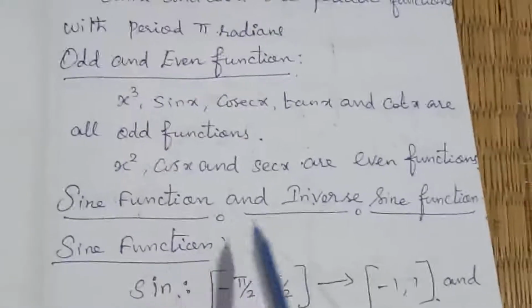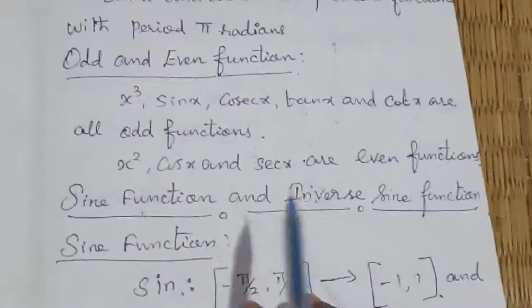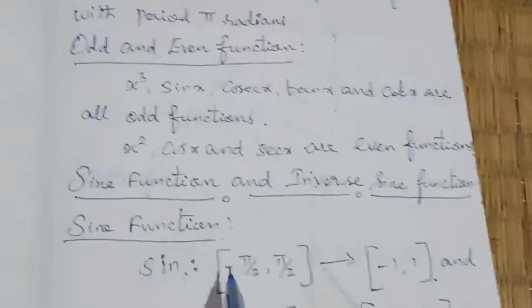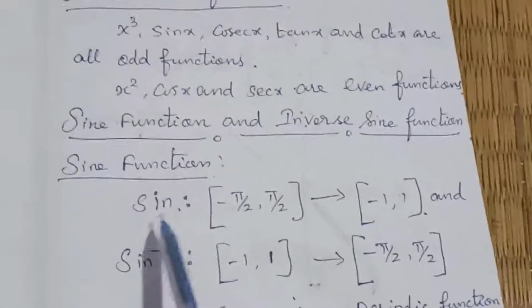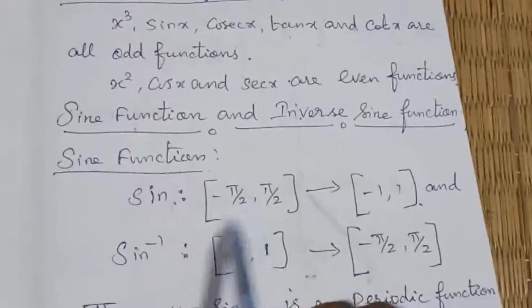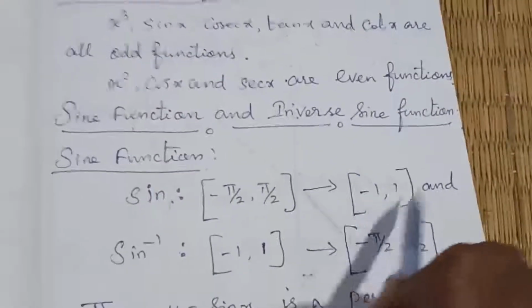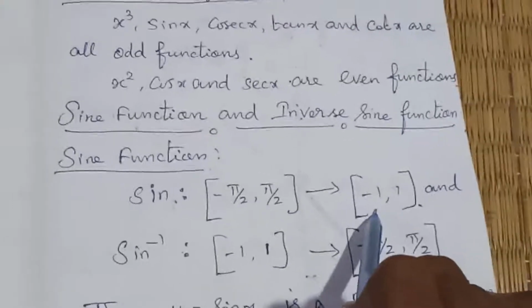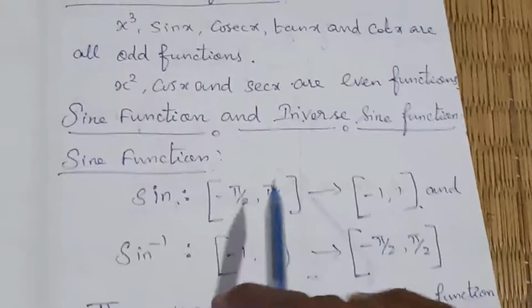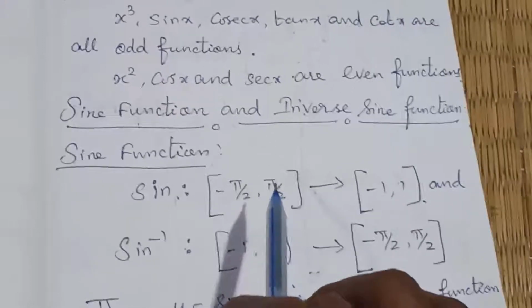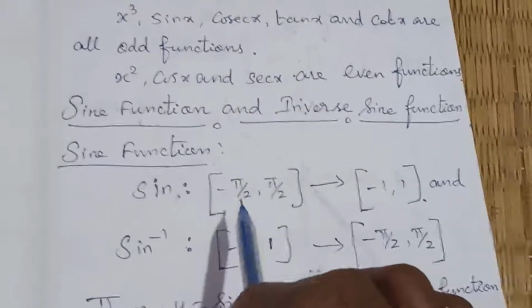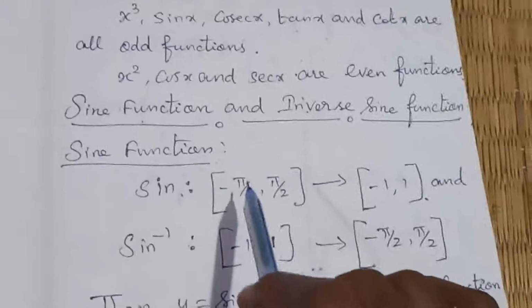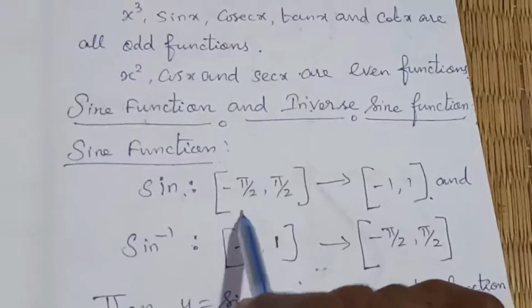Then the sine function and inverse sine function. This is the first one, the sine function. First see the definitions. This is sine. So this is the domain and this is the codomain. You have already studied sets and functions in 10th standard, so you know very well what is domain and what is codomain.